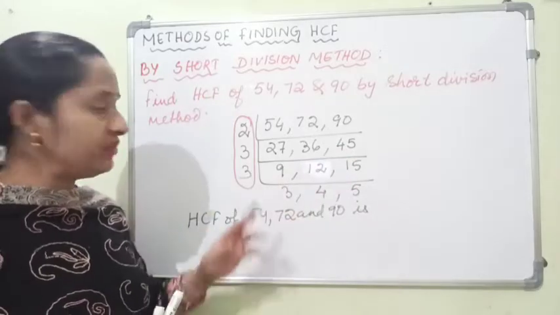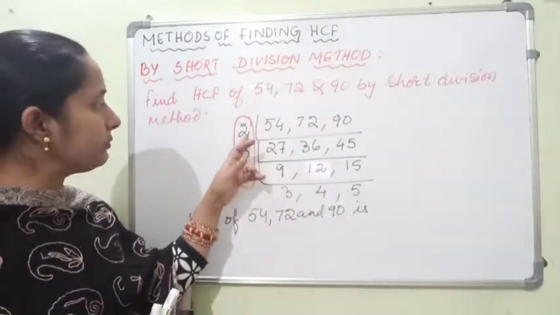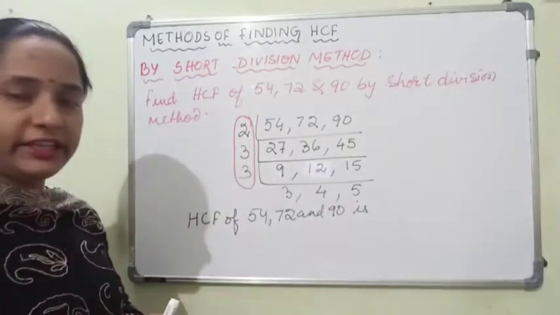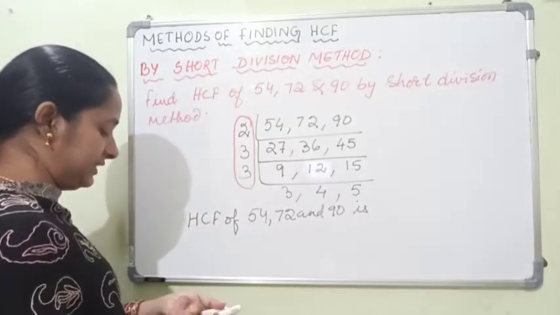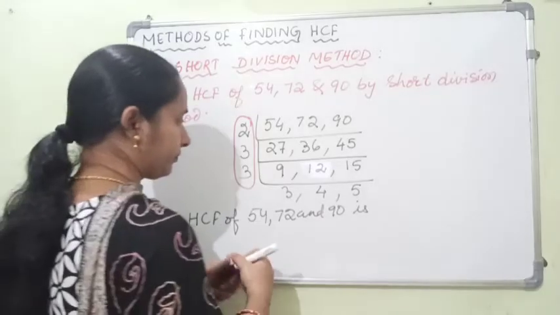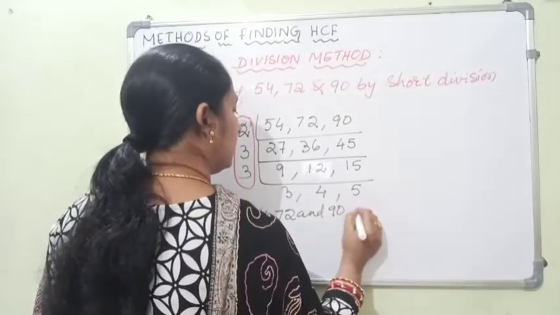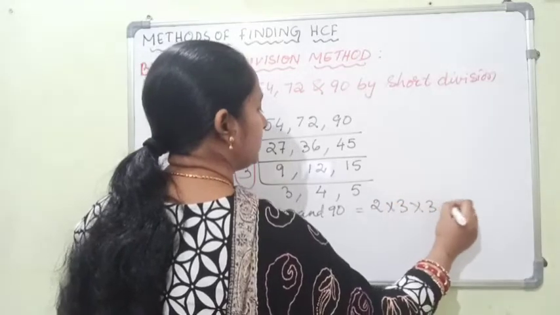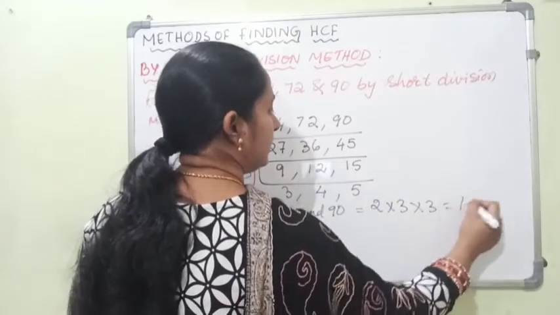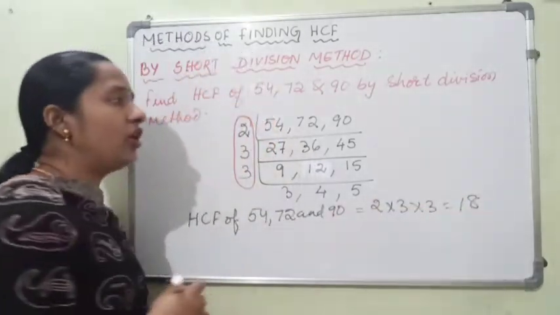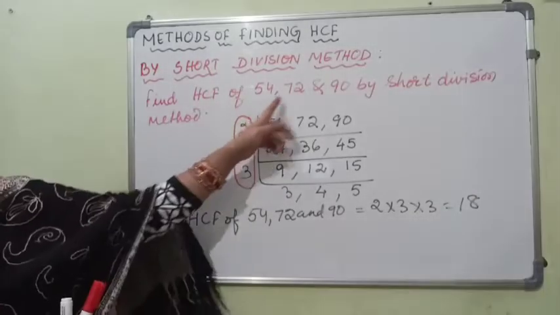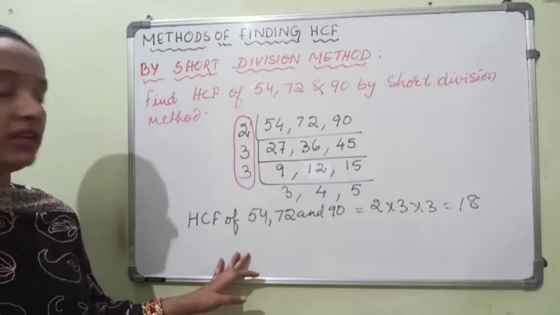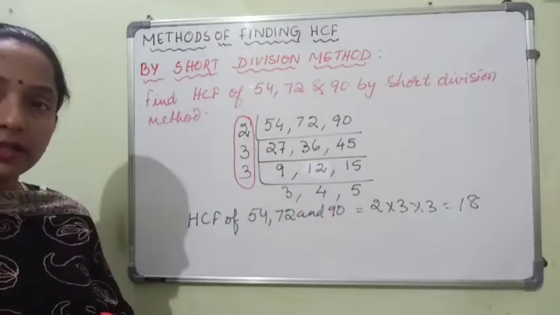We have divided all these three numbers by 2, by 3 and another 3. So the product of all these three factors will give you the HCF, which is equal to 2 into 3 into 3, that is 6 3s are 18. So the HCF of 54, 72 and 90 by short division method is 18. Understood?